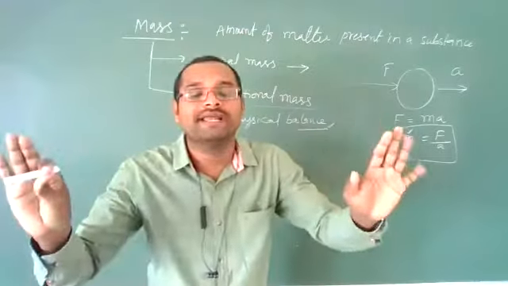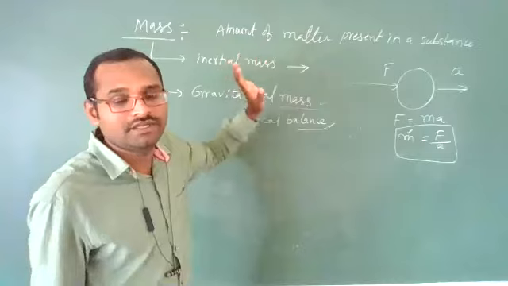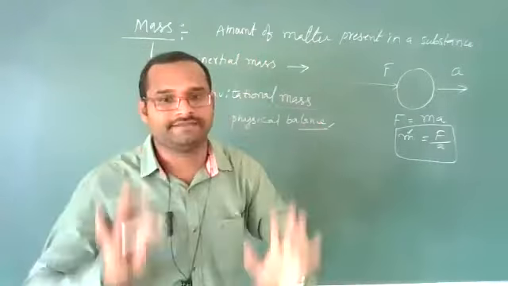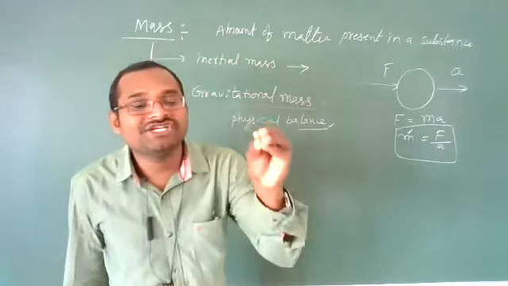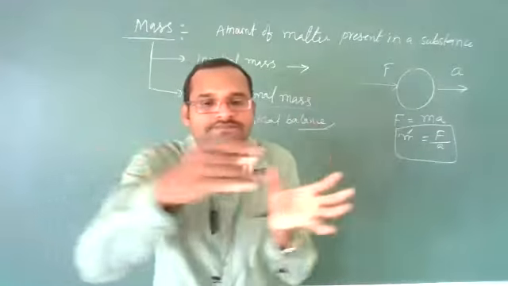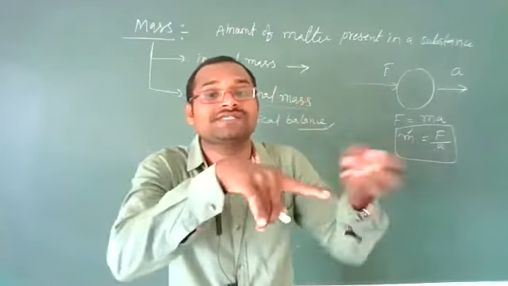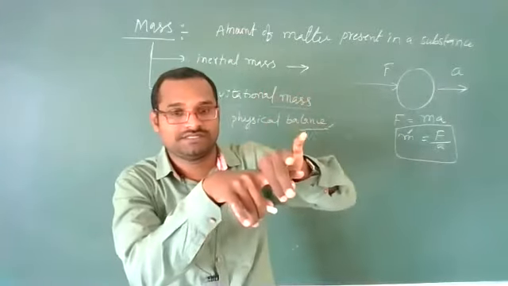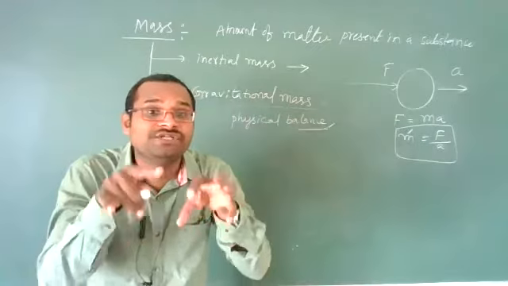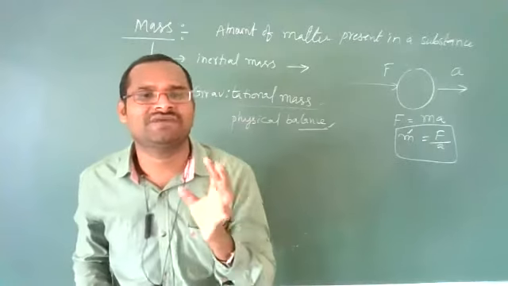Definitions are not required. Whenever it is required, I will write it because it is important. When it is not required, I won't write. Inertial mass is the mass of the object due to its translatory motion, that is, in motion. Gravitational mass is the mass of the object due to the effect of acceleration due to gravity.